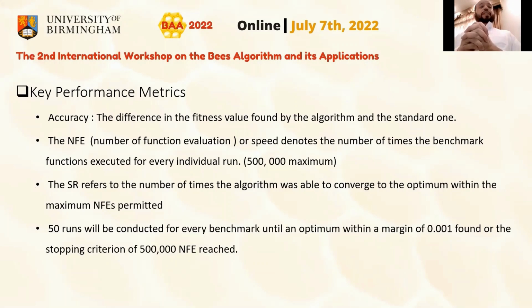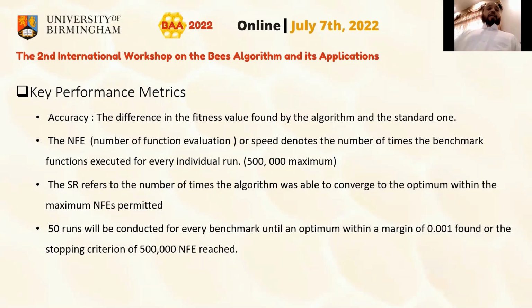The key performance metrics used to test the proposed algorithm: first is the accuracy, which is the difference in the fitness value between the stipulated minimum of the benchmark function and the one found by the proposed algorithm.